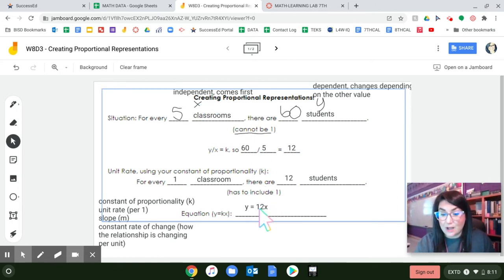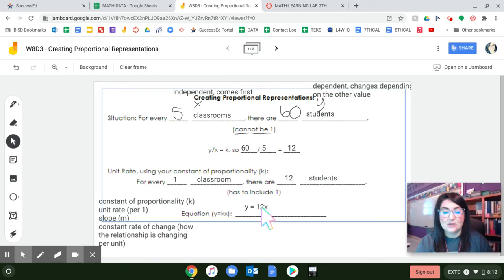If I say 12 times 1 classroom, I'm going to end up with 12 students. 12 times 2 classrooms would give me 24 students. So see how as my X value is changing, that's also changing my Y value when I'm plugging numbers into that equation. Okay. So an equation is kind of like a base of a puzzle where you put in different pieces and it gives you something else.